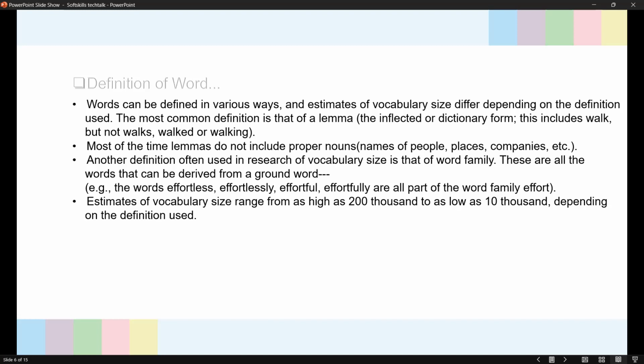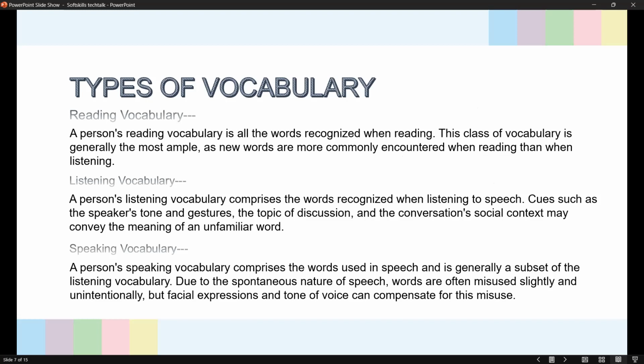These are all the words that can be derived from a ground word. Example: the words effortless, effortlessly, effortful, effortfully are all part of the word family effort. Estimates of vocabulary size range from as high as 200,000 to as low as 10,000 depending on the definition used.